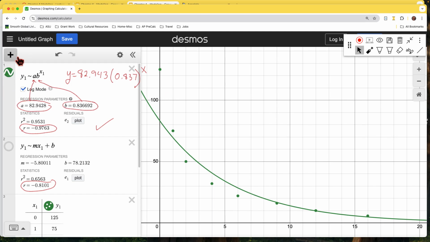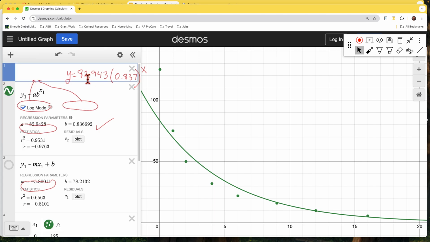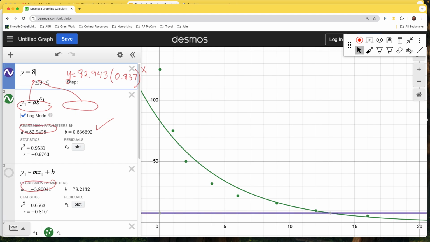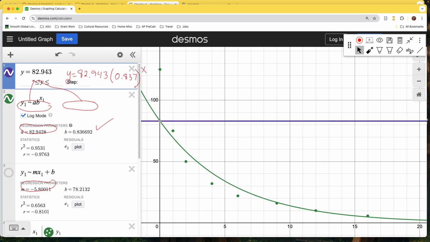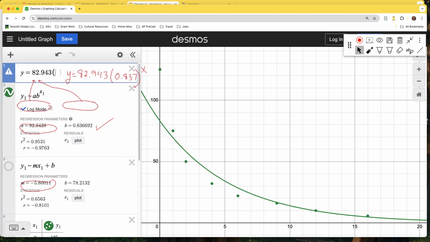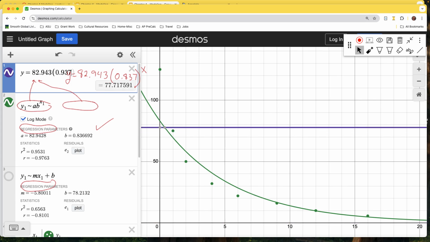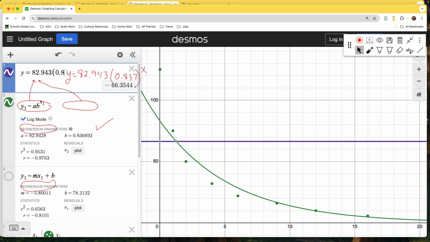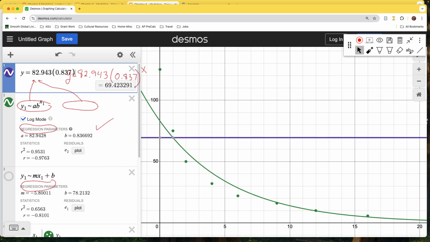So we're going to add in the same expression we put into the homework as an answer, y equals 82.943 rounded, 0.837, and we're going to raise it to the x power.